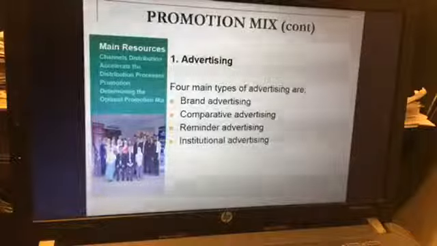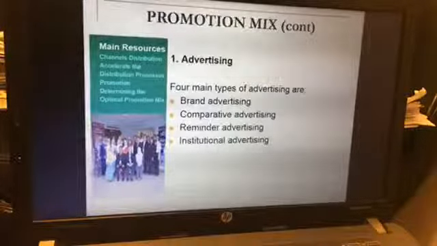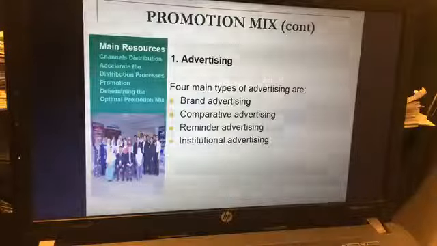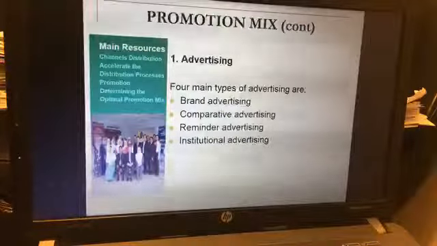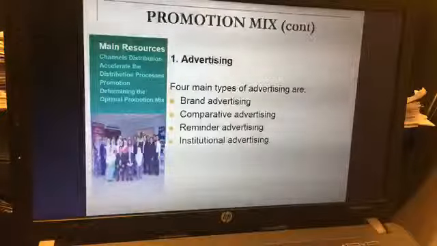Reminder advertising is where you want the consumers to be aware of your product and also to have a clear psychological image of your product. They know about your product and they remember it.